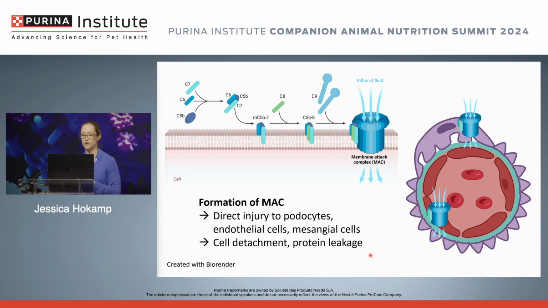As I mentioned, we have the formation of the membrane attack complex when that complement cascade is initiated, and that complex causes disruption or direct injury to other cells throughout the glomerulus, as well as the kidney itself, including tubules. So podocytes are damaged, endothelial cells are damaged, mesangial cells are damaged, and as I mentioned, damage to any component of the glomerulus can lead to problems downstream like protein leakage and proteinuria, as well as cell detachment.